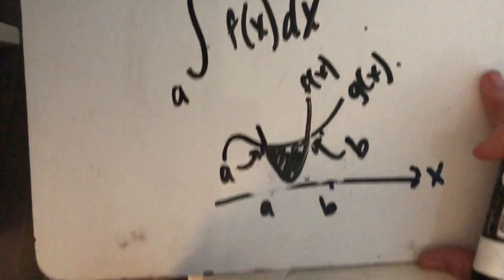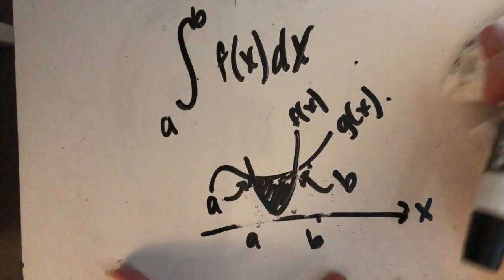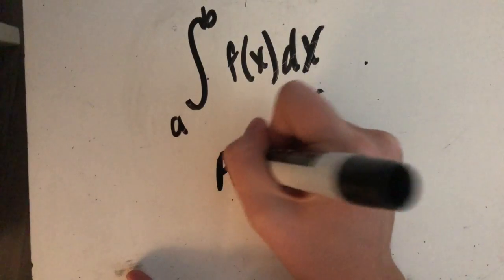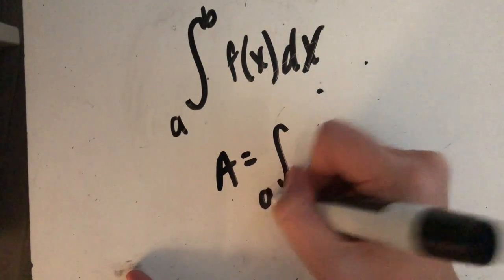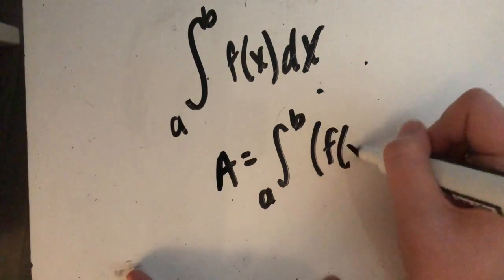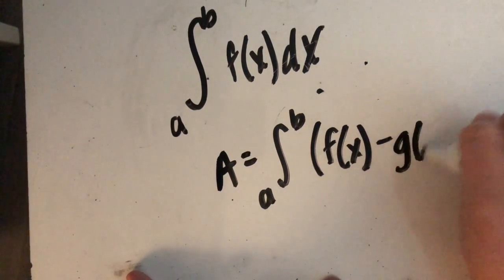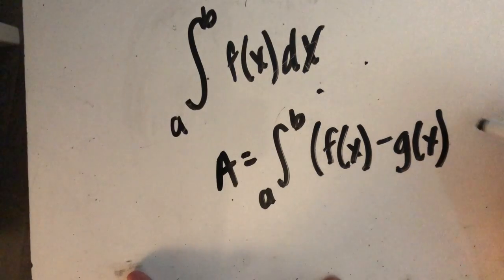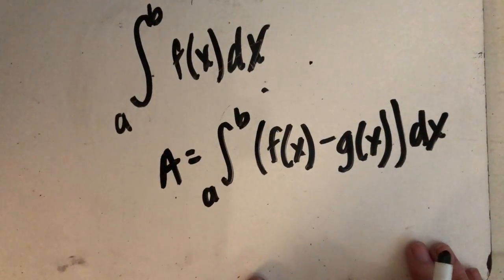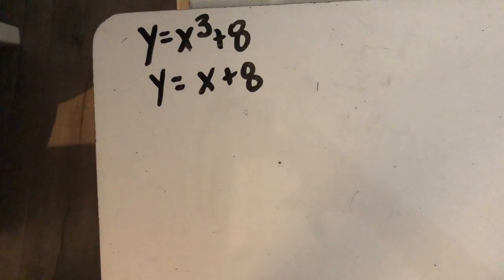Once I figure that out, I am going to be able to calculate the area using this idea right here, that if we've got from A to B, the two places of intersection, I want the function on the top minus the function on the bottom, dx. I will build that integral and then we will solve it using our normal properties.